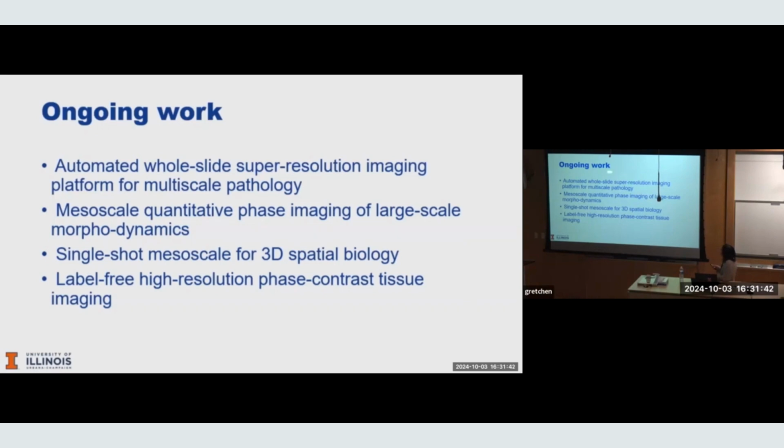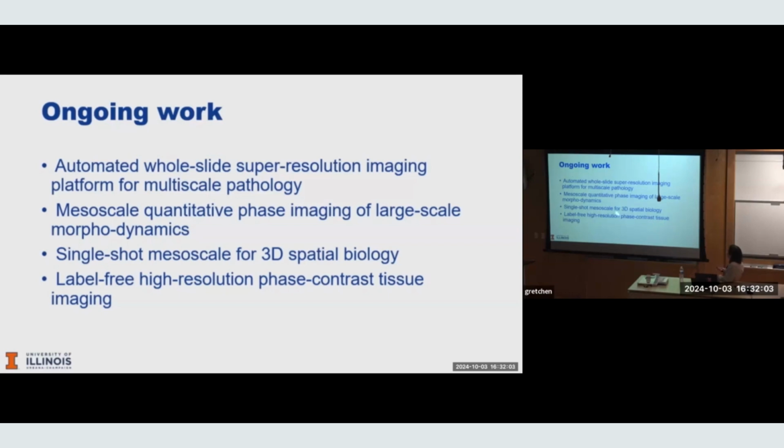There's some ongoing work. We really want to expand the super resolution further to have a whole slide super resolution imaging platform. And lots of components have been addressed. So now it's really the automation part to make it robust to scan the whole slide.